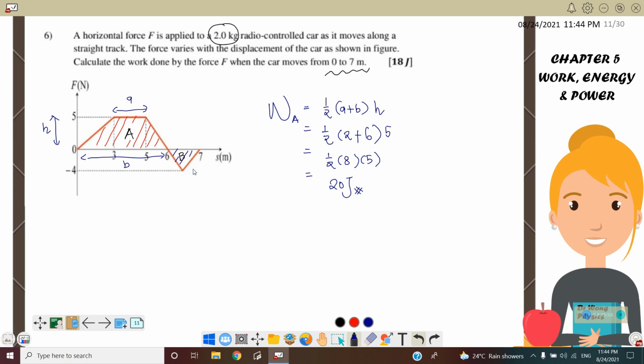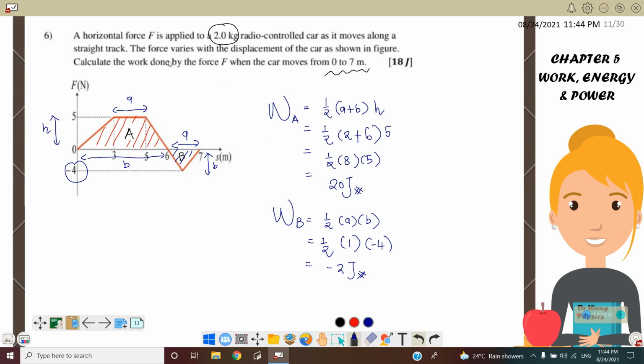The second part, B, because this is a triangle, is half times A times B, where this is our A and this is our B. A is 7 minus 6, which is 1. B we straight away take as 0.4. So you just substitute 0.4, and therefore you will get negative 2 joule.